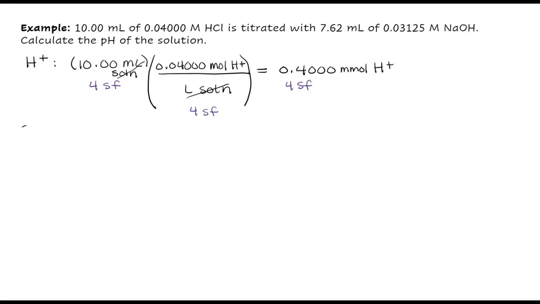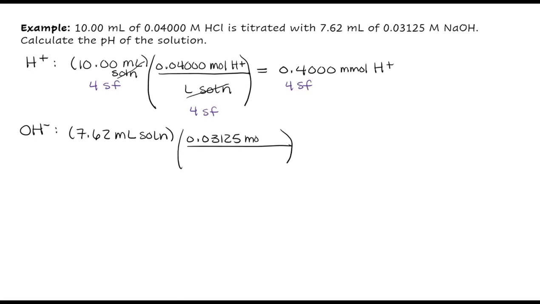Doing a similar calculation for the hydroxide, here we're starting with 7.62 milliliters of solution multiplied by the hydroxide molarity, which is 0.03125 moles of OH divided by liters of solution. Again, the milli doesn't cancel, it's just the liters of solution.